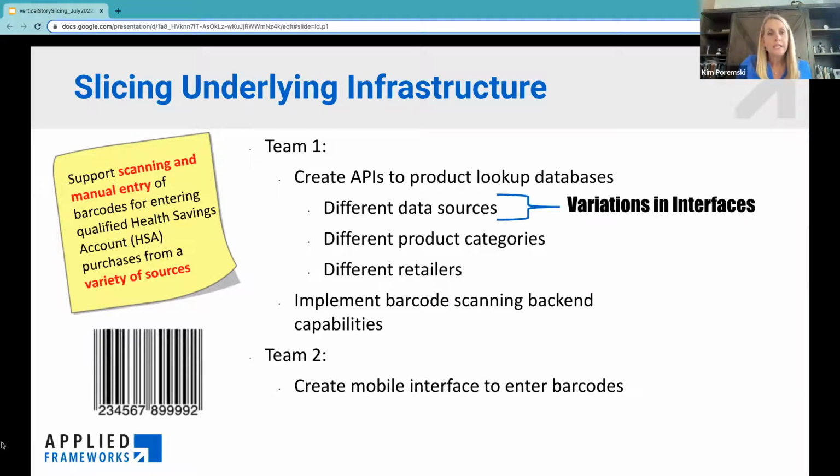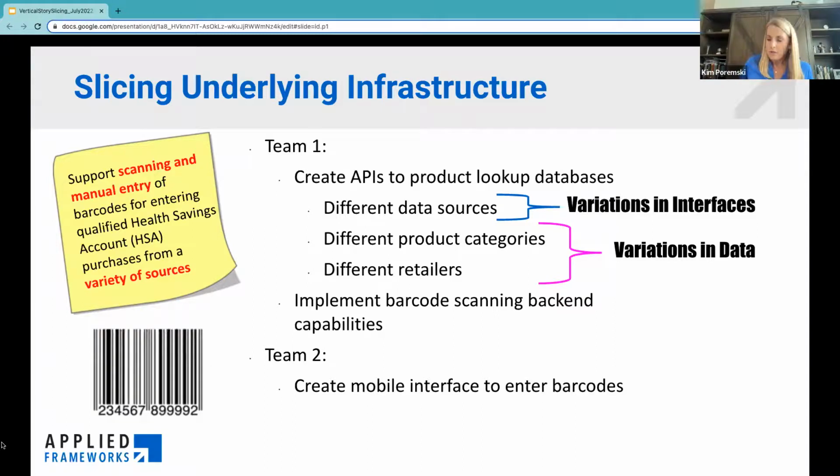So there are variations in interfaces, and the types of products and the retailers might all be variations in data. Maybe there's one set of products that is all over-the-counter medications versus, say, ACE bandages, for example.